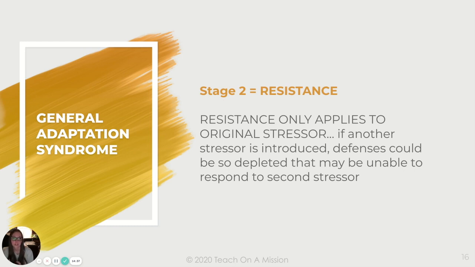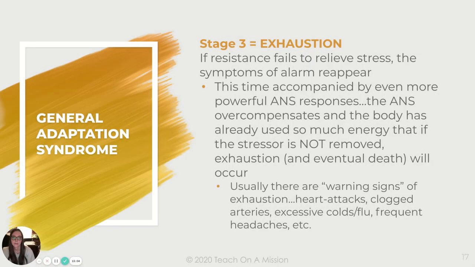If another stressor is introduced, defenses could be so depleted that they're unable to respond to a second stressor. Think about that. You've been stressed on one or two things, and then all of a sudden another stressor comes in and you're like, I can't handle it. That's what we're talking about here in resistance, okay? If the math test was the only stressor, then you're probably going to move to homeostasis a lot faster as opposed to if there are other stressors.